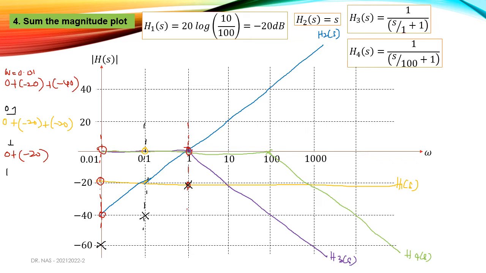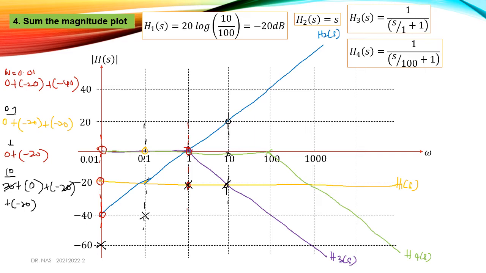At 10, you have crossing at 10, so here is 20, plus here is 0, plus negative 20 for the yellow line, and another one, the purple one, negative 20. So altogether 20 minus 20 minus 20 is negative 20.